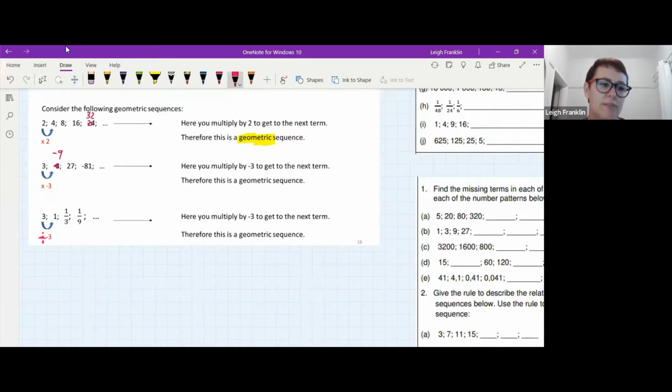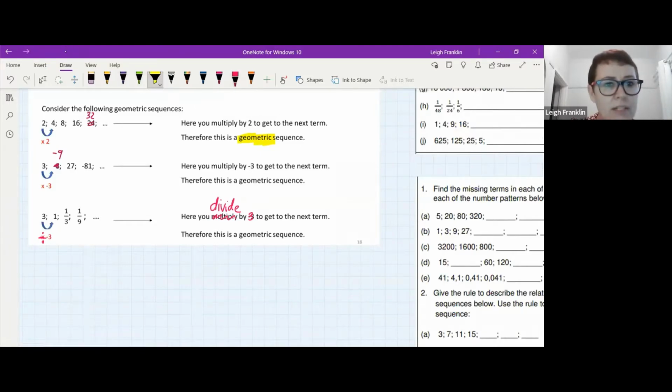Starting with 3, dividing it by 3 and getting 1, taking 1, dividing it by 3 and getting 1/3, taking 1/3 and dividing it by 3 and getting 1/9, and so on. So here you have to divide by 3, not -3, to get to the next term. This would also be an example of a geometric sequence.